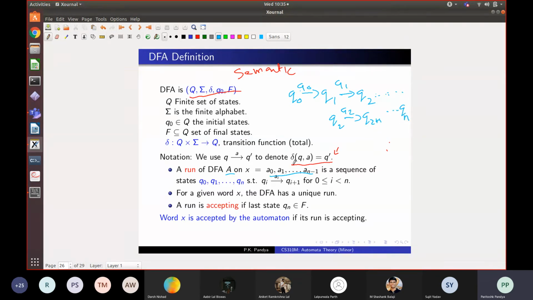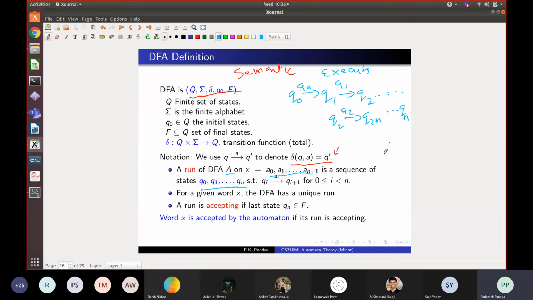So on a word A0 to An minus 1, the automaton will pass through a sequence of states Q0, Q1, Q2 up to Qn, which is drawn here. This is the execution, and the corresponding run is this sequence of states Q0, Q1, Q2, Q3, up to Qn. So for a given automaton and a given word, there will be a unique run, which is obtained by choosing Qi plus 1 from Qi and Ai according to this transition function.